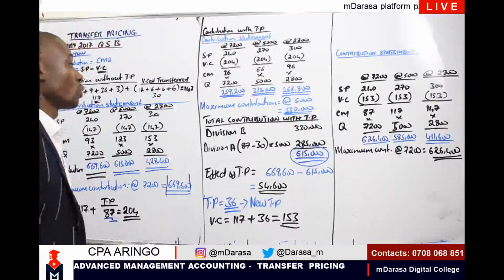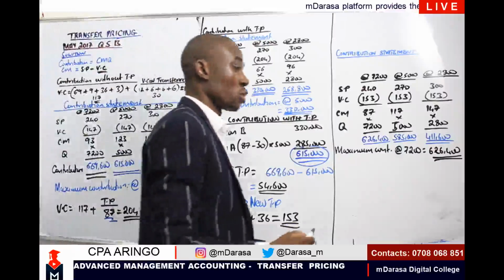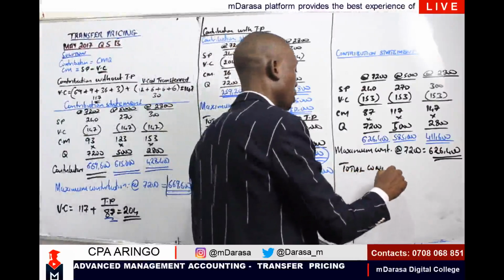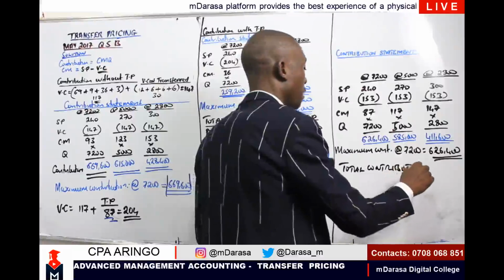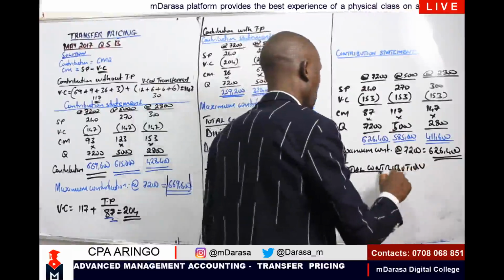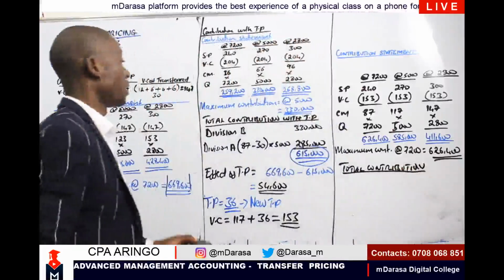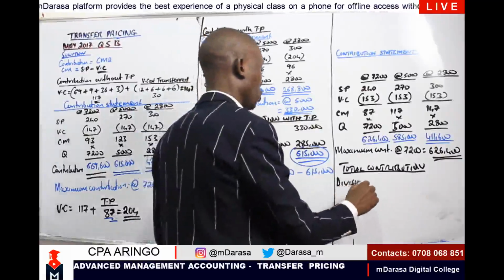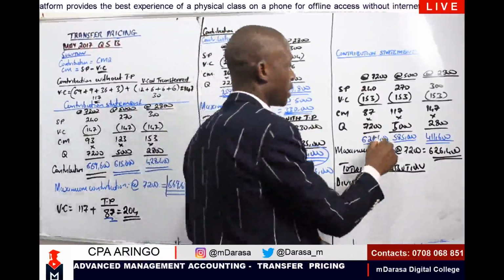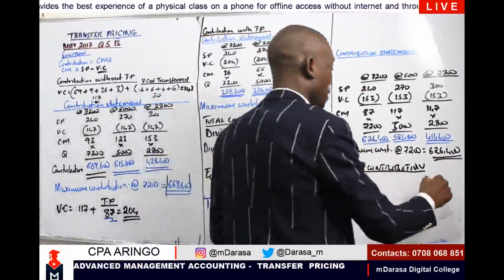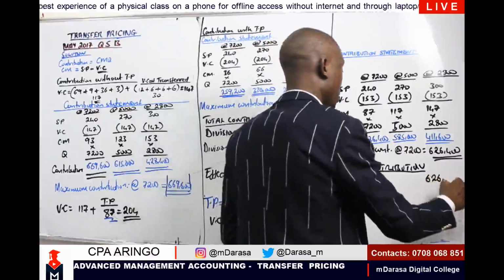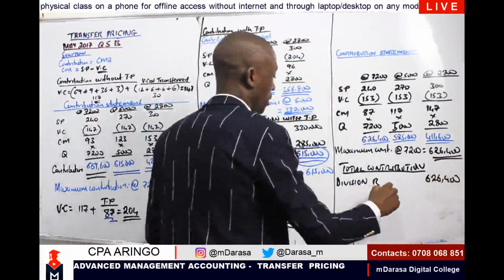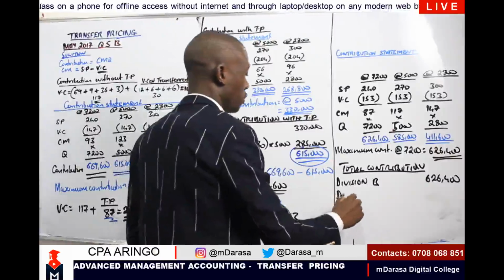So what will be our total contribution? We should have division B's contribution with the new transfer pricing, which is 626,400. And what will division A get from division B?